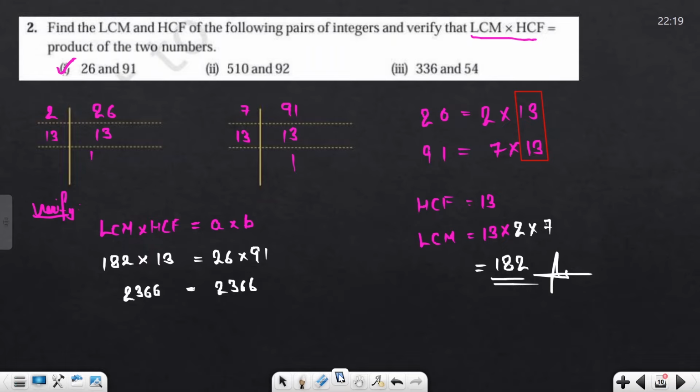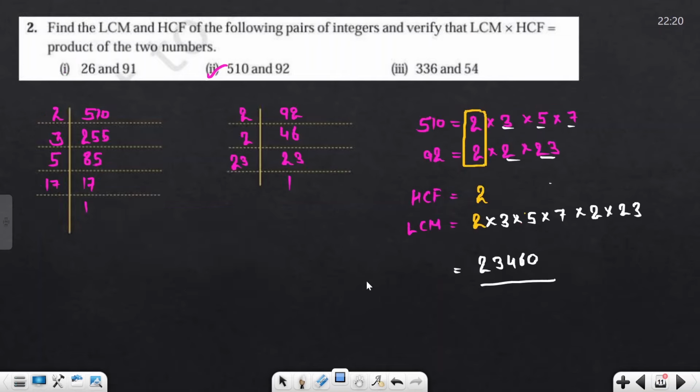Okay, one thing here: the formula LCM into HCF equals product of two numbers is valid only for two numbers. If A, B and C are three numbers, LCM into HCF is not equal to A, B, C. It's valid for only two numbers.